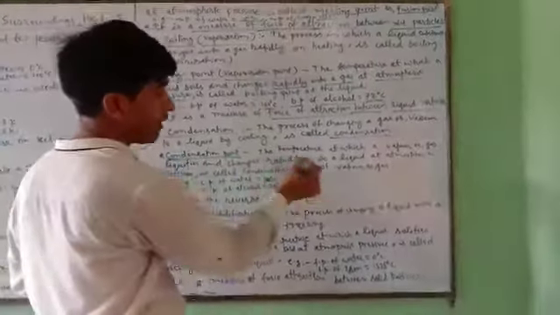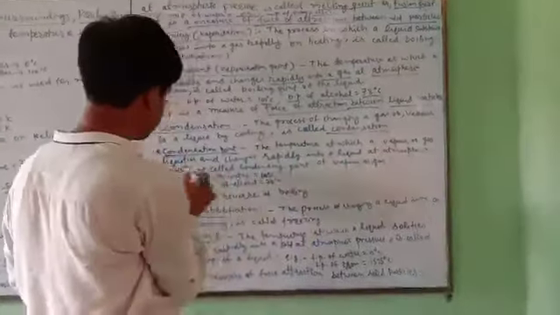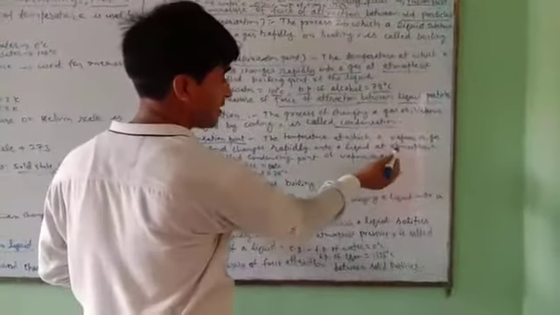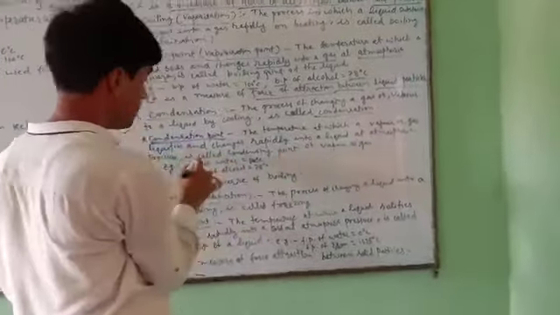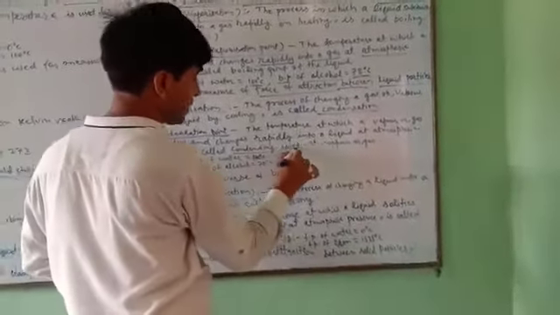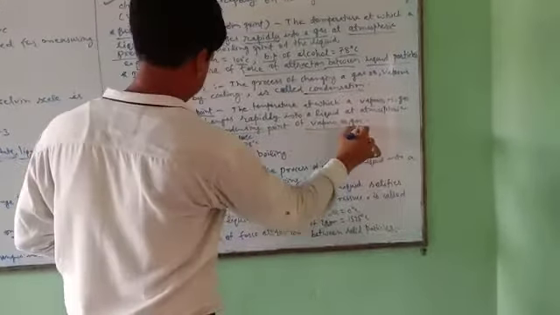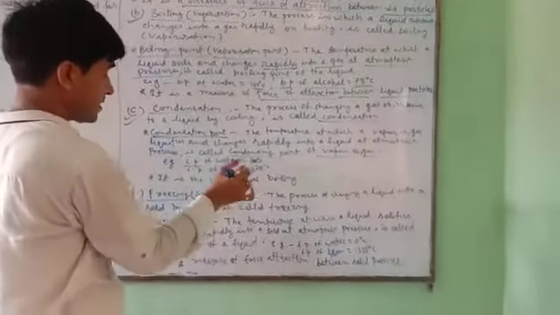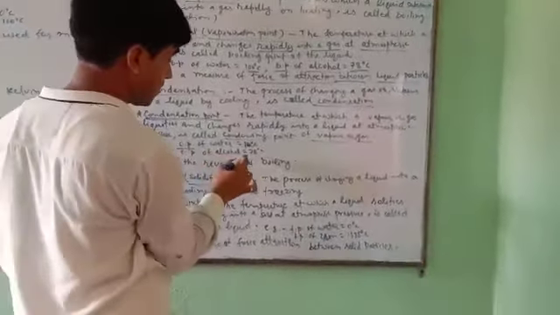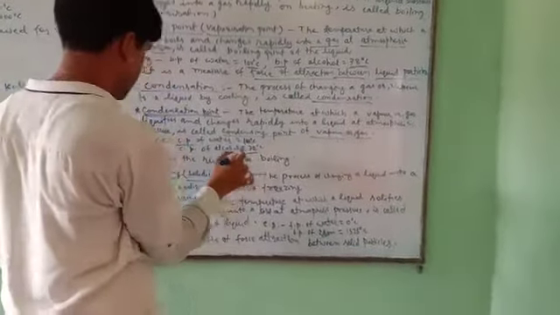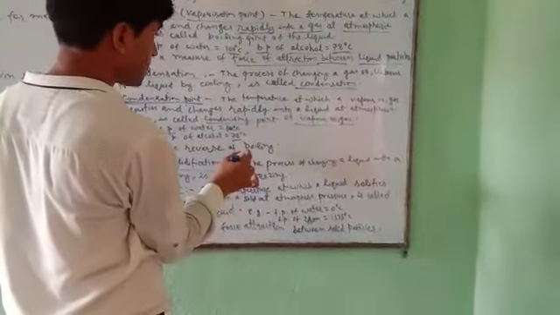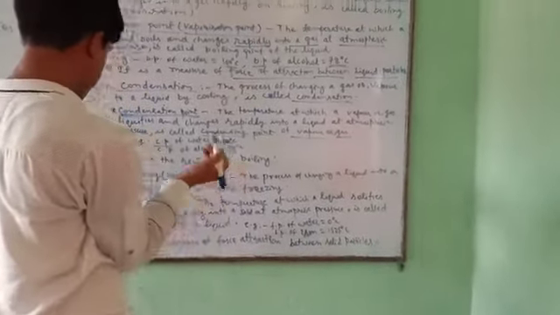The temperature at which a vapor or a gas liquefies and changes rapidly into a liquid at atmospheric pressure is called the condensing point of the vapor or gas. For example, the condensing point of water is 100 degrees Celsius and the condensing point of alcohol is 78 degrees Celsius. It is the reverse of boiling.